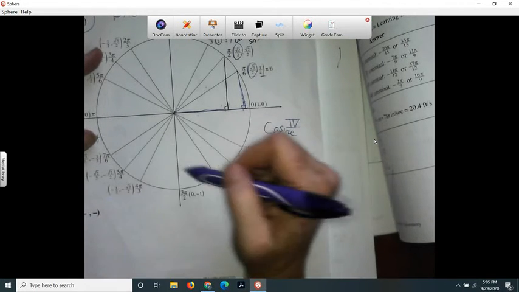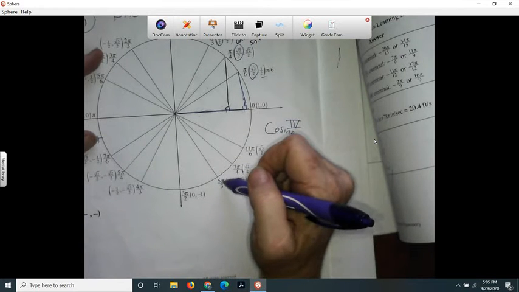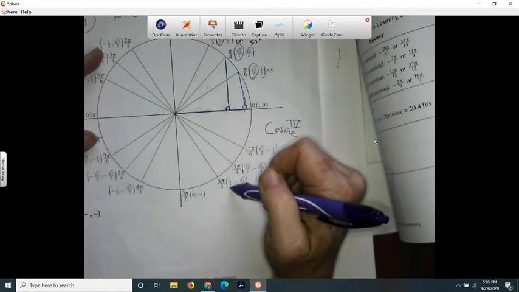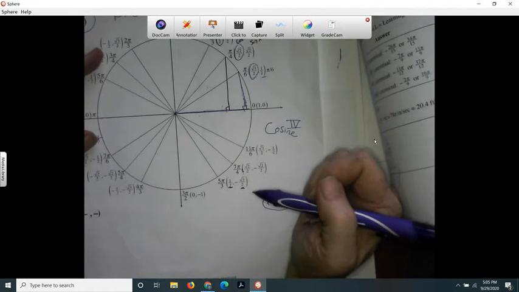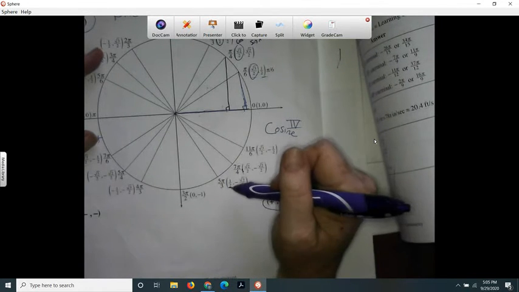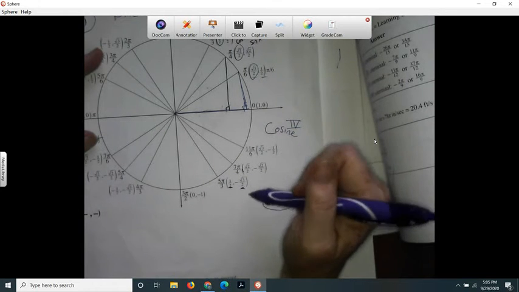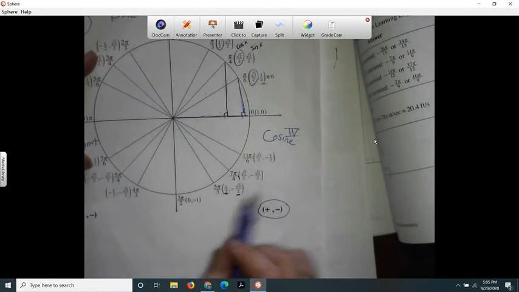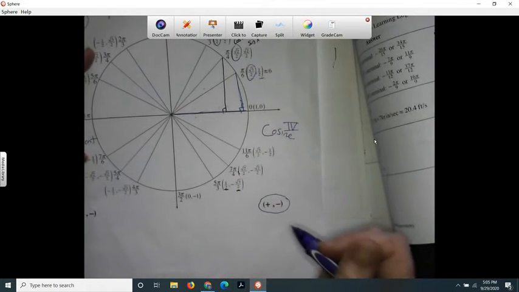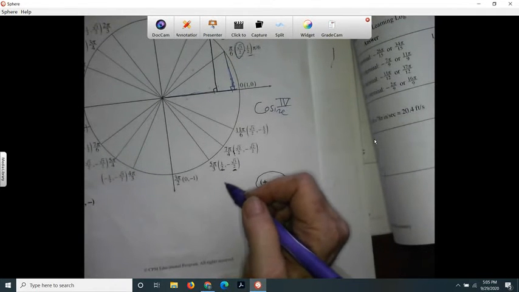The half circle is pi. So I can just look right here. This would give me the cosine value, and this gives me the sine value. And those might look familiar because you've got the root 3's and the 2's because of the 30, 60, 90 triangle. But at this point, it's okay to just use your unit circle. So this is going to be cosine, and this is sine.